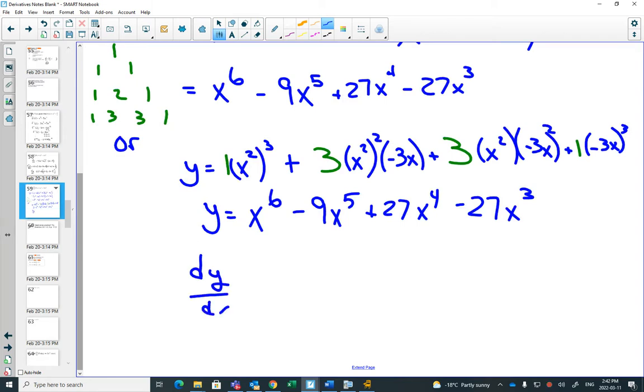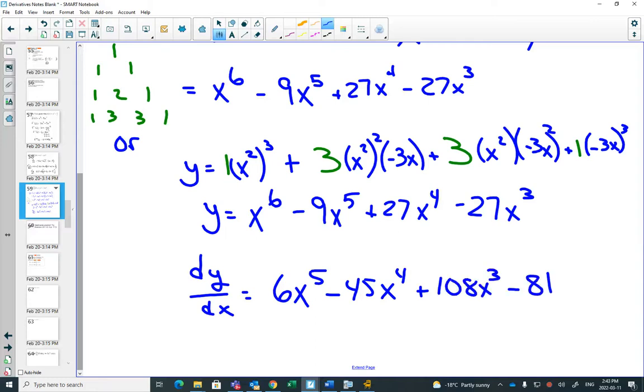No chain rule, and my derivative, so I'm starting with 6x to the 5 minus 45 x to the 4 plus, what is that, 108 x cubed minus 81 x squared. My first derivative has some multiplying to do, obviously, but not too crazy.